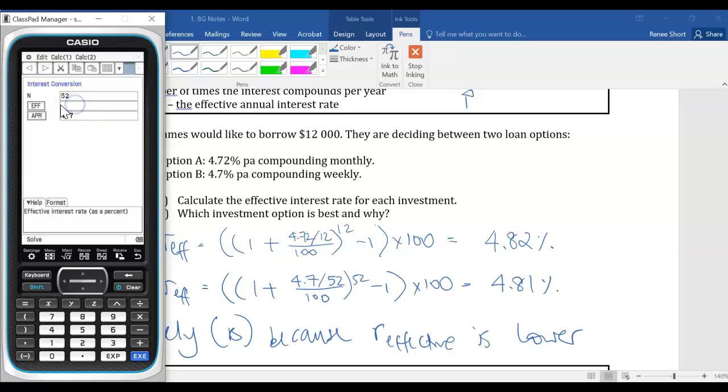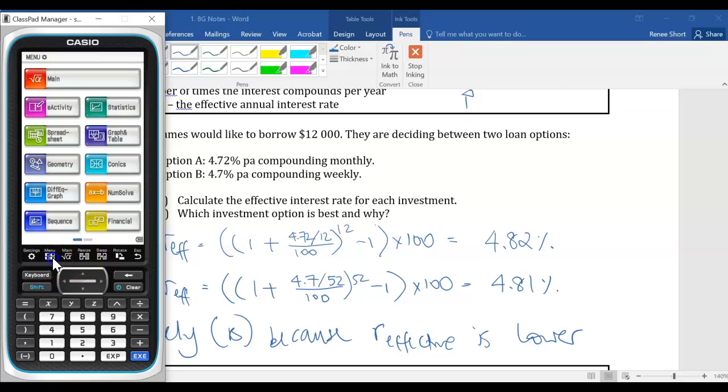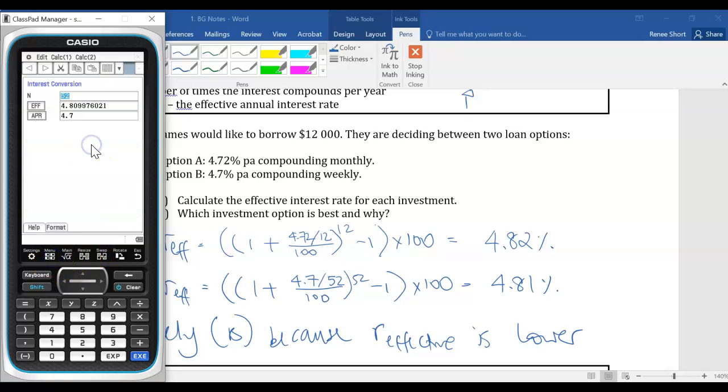And now if I click on EFF, I get that rate of 4.81. And if you do want to flick back to the main menu, I'm just going to switch over and check the decimals. You can see that all those decimals are the same as what I'd already found for us before. So that part of your calculator, in that financial solver, calculates that effective interest rate for us very, very speedily compared to the formula.